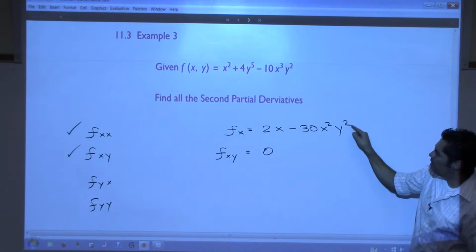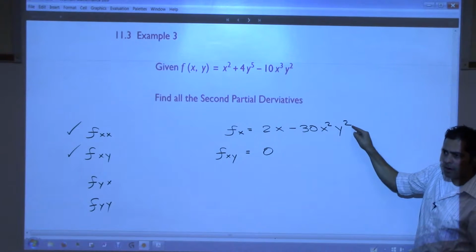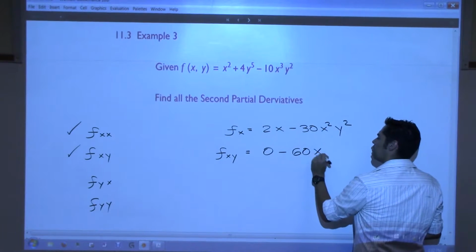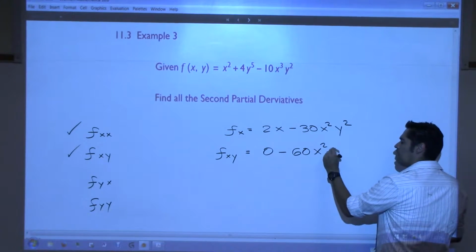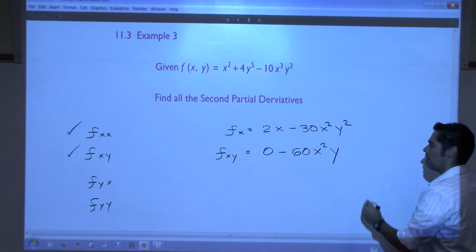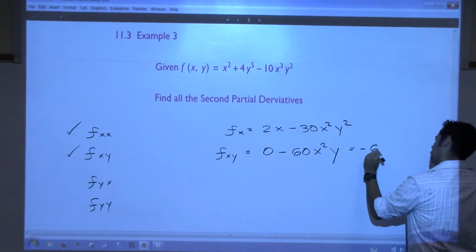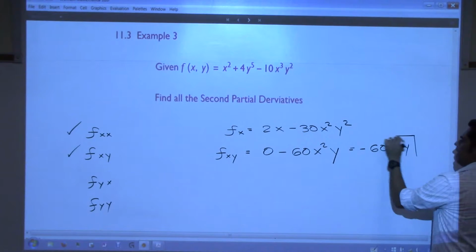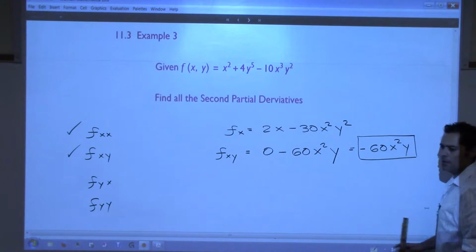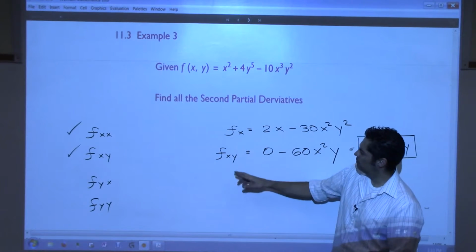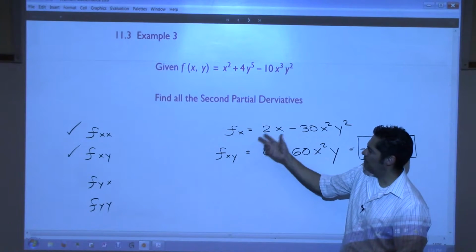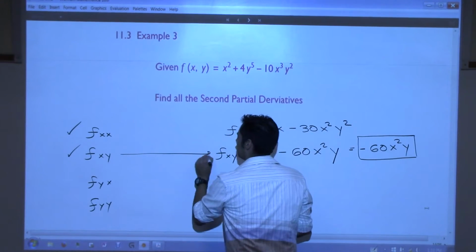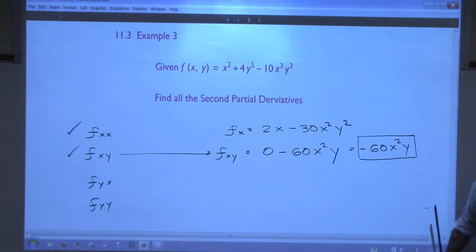And what's the derivative of y squared? 2y. So 2 is going to pop out. I'm going to get negative 60. X squared doesn't change, and y squared is now just y. So negative 60 x squared y. That is this partial, fxy. Oh, why did I do fxy? I should have done fxx first. Oops. I'll do fxx now, all right?